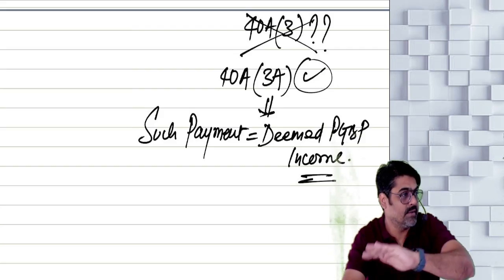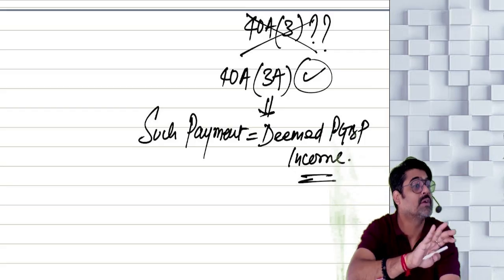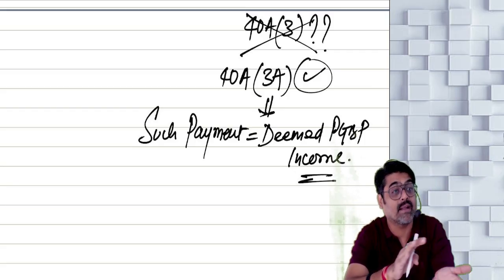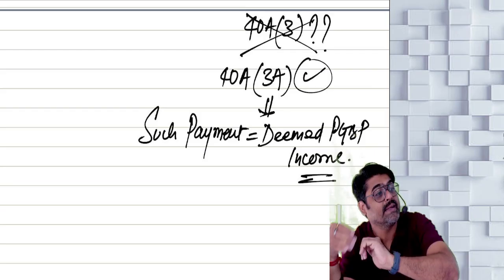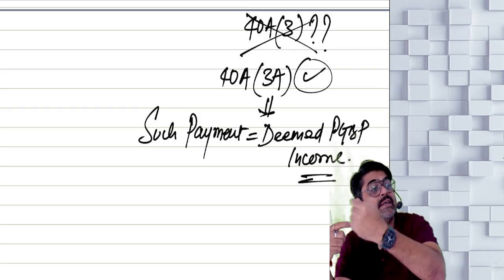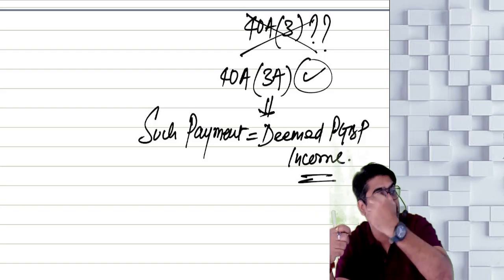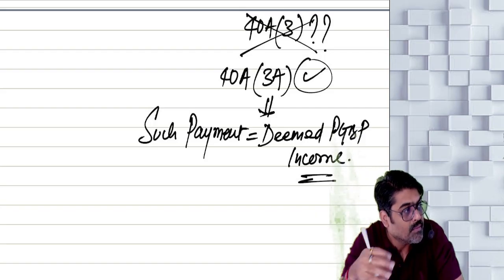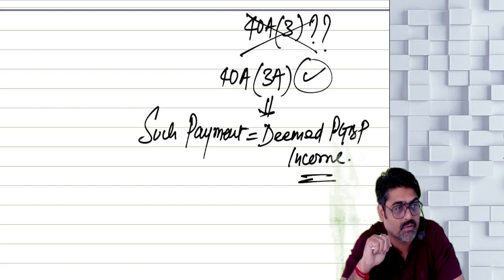To do that reversal, the expense which was allowed, that amount will now be disallowed. How will it be disallowed? By considering that amount as your deemed PGBP income, if you have made the payment by other than prescribed modes.